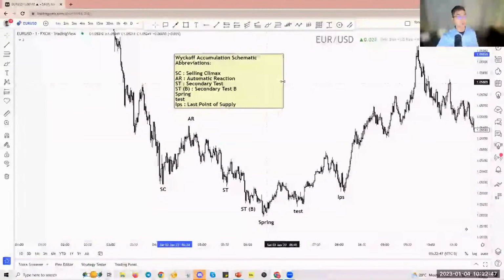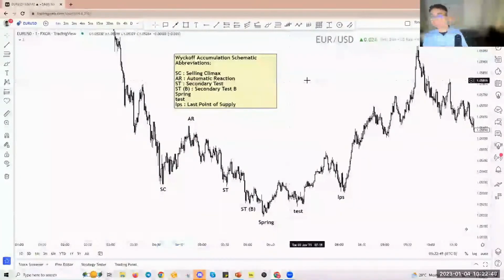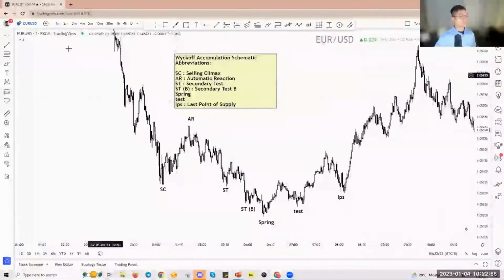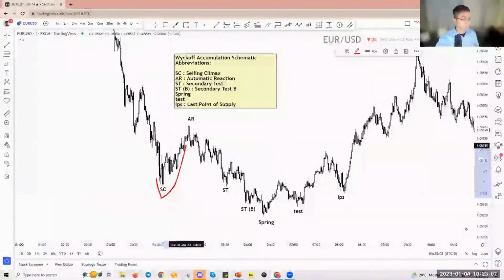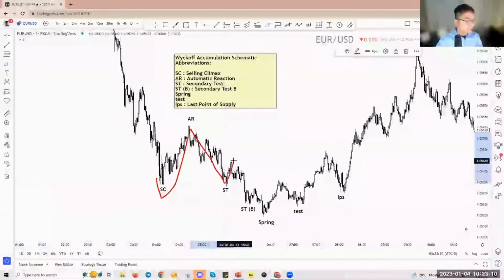If you have used Elliott wave, you have to follow a very fixed schematic, a very fixed way of entering a trade. For the selling climax, price moves down and you have to draw it out. After the selling climax, the automatic reaction is a very huge rebound all the way up. The secondary test, you take it as some kind of zigzag.